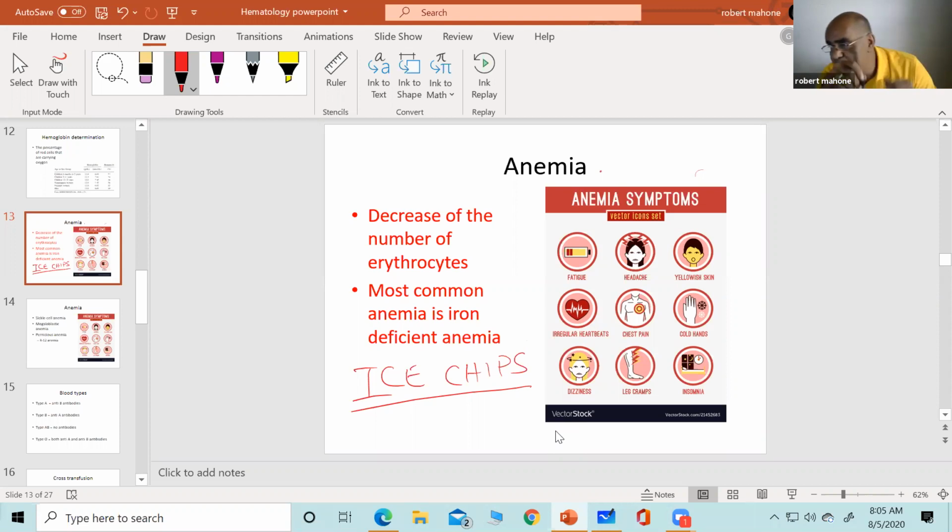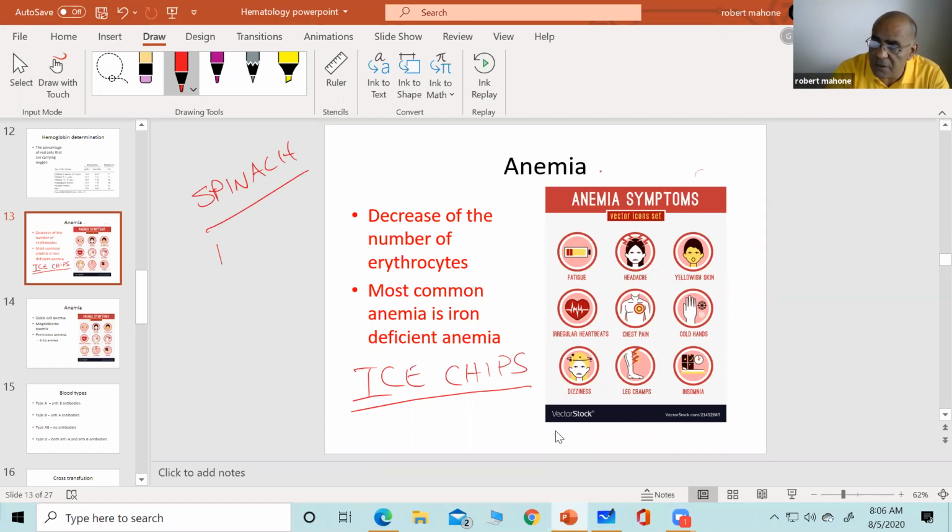So what foods can you consume that are high in iron? Spinach, meat, arugula, kale. Okay. Any green leafy vegetables. And I don't know if y'all remember Popeye. I'm strong to the finish because I eat me spinach. Okay. So any green leafy vegetables.